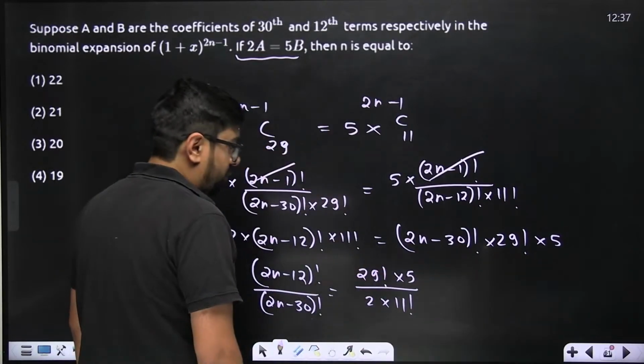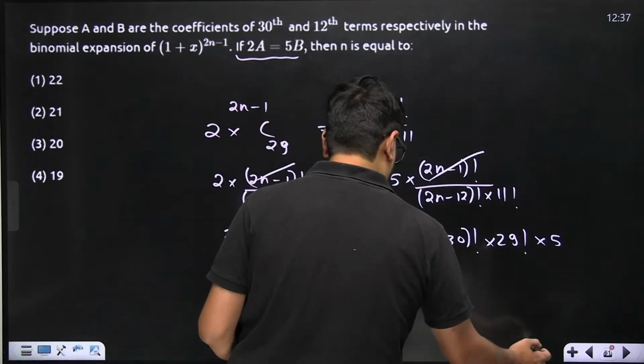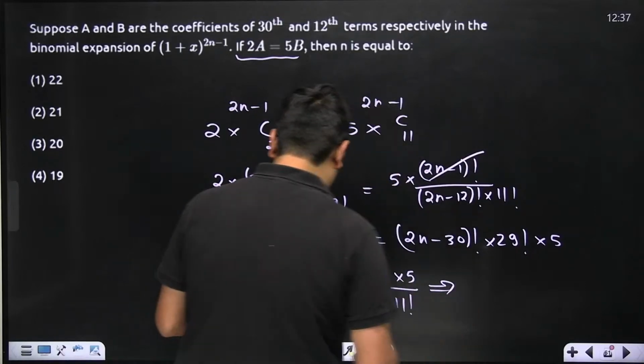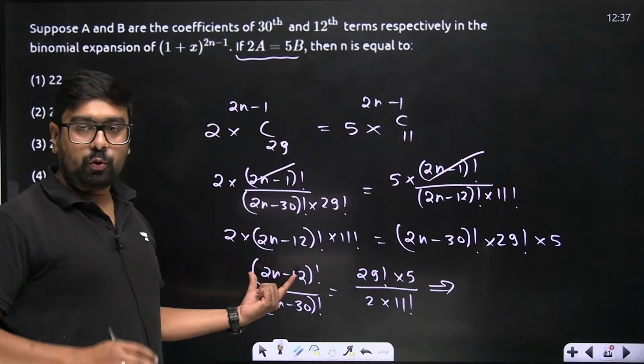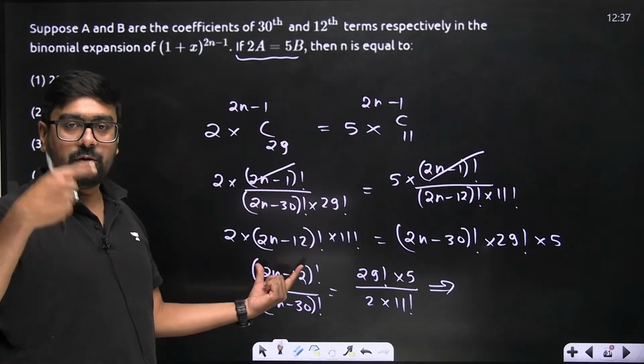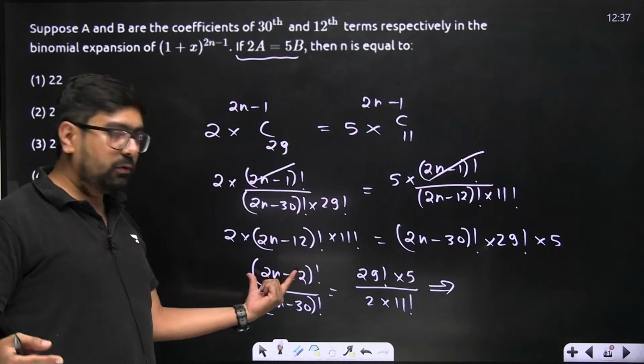So this is going to be the scenario. Now (2n minus 12) factorial will be (2n minus 12) into (2n minus 13) into (2n minus 14), like that it will go.